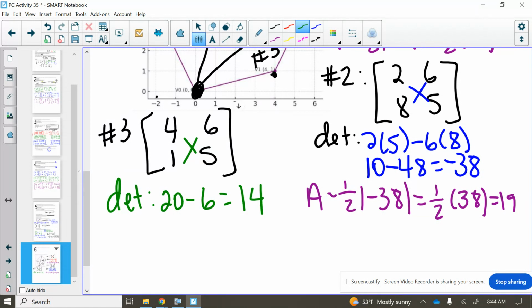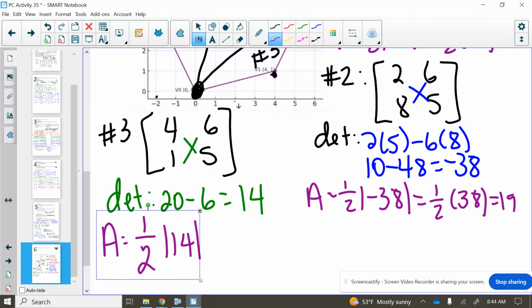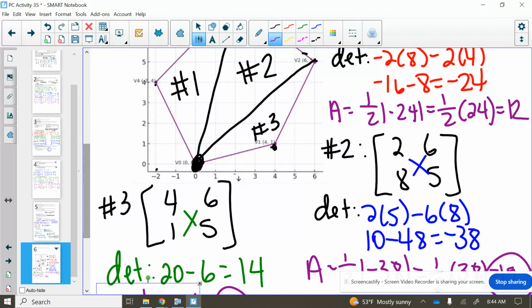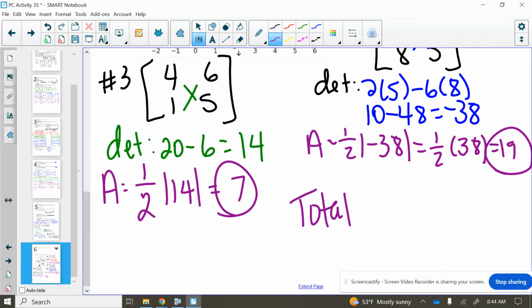And the absolute value of 14 is 14, right? Because it's already positive this time. So half of 14 is 7. So our last step to find our final area is to take these individual areas of 7, 19, and 12 and add them together to get this total area this time of 38 square units.